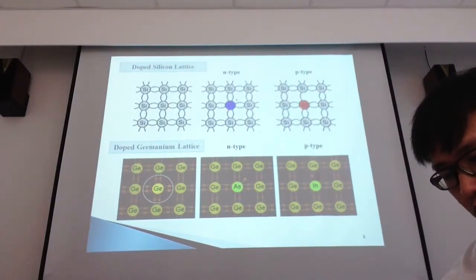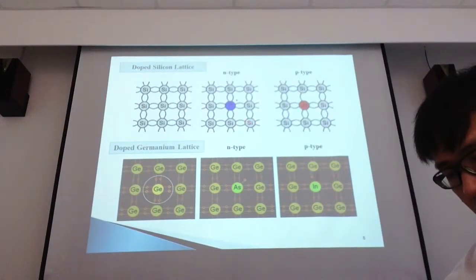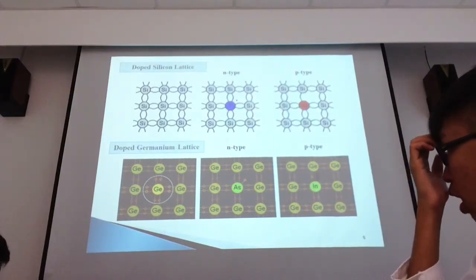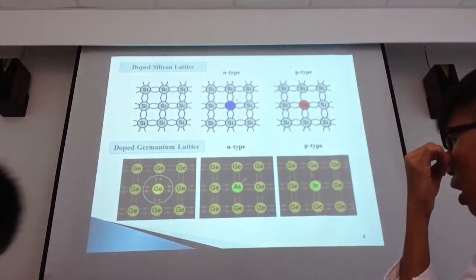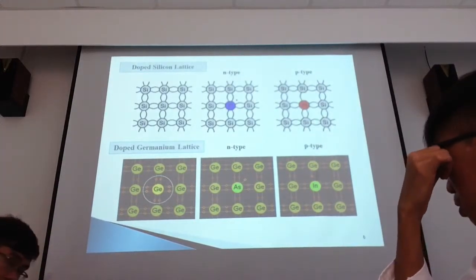Okay. Doped silicon lattice. You can see silicon was very happy here, in its natural way. But then something happened to it. I added a pinch of impurities. There is a P, that is a phosphorus atom, sitting there. If you remember the periodic table, silicon was in group 4, in the carbon group, and phosphorus is on the right hand side of the table.